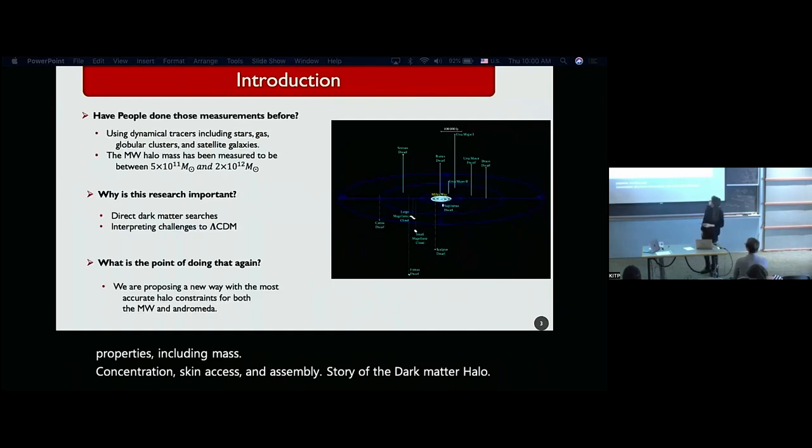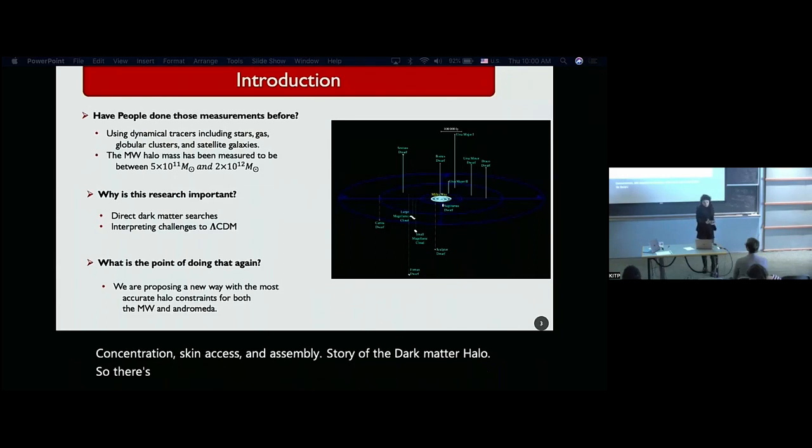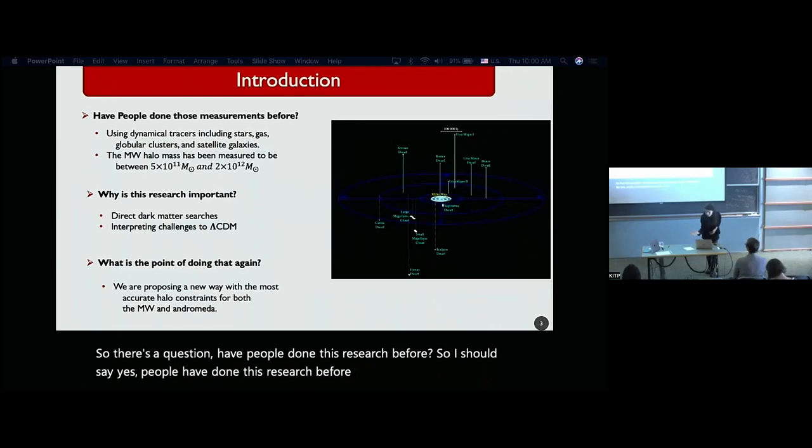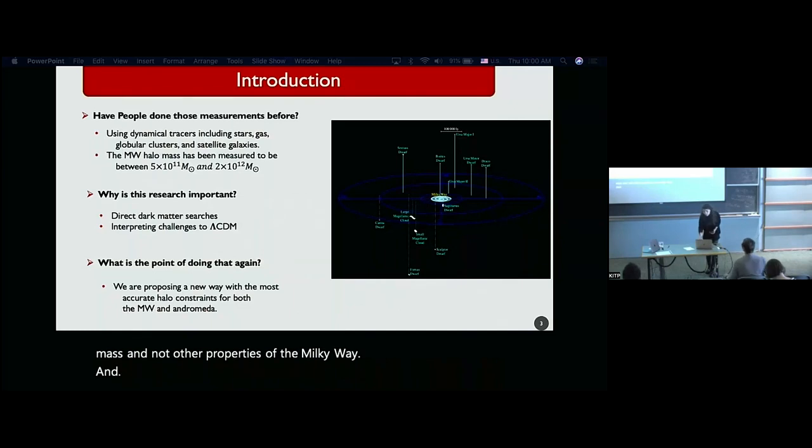Okay, so there's a question: have people done this research before? I should say yes, people have done this research before, but just for measuring the mass and not other properties of the Milky Way, using dynamical tracers.